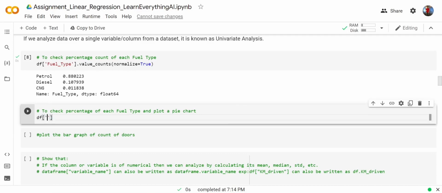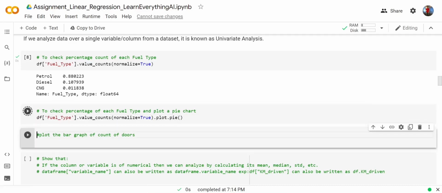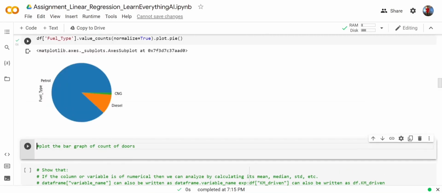Let us plot a visual graphic of it. So, fuel type. So, we have a nice little pie chart here, which very clearly shows that petrol is the majority player here.